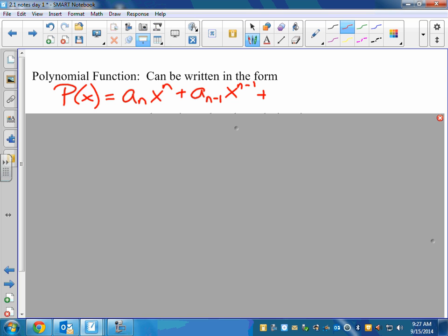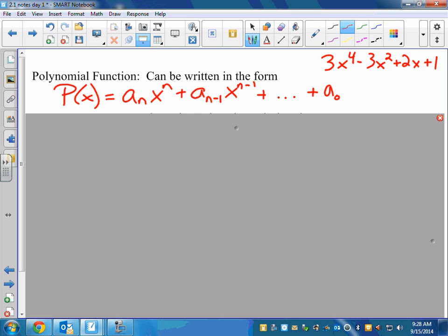And I'm just going to do plus dot dot dot, plus a sub 0. I should have used a sub 0 down here, x sub 1. And that's just because this is a polynomial function.